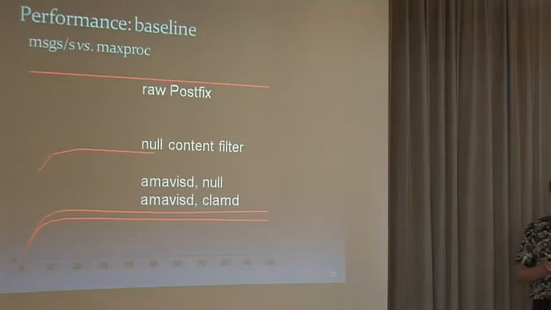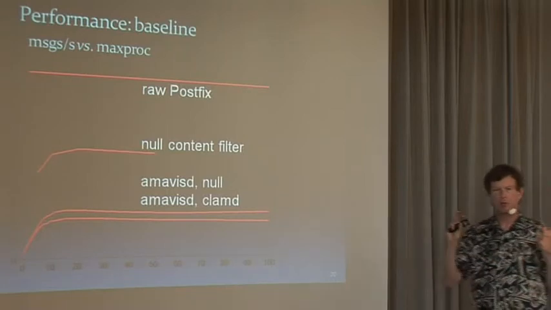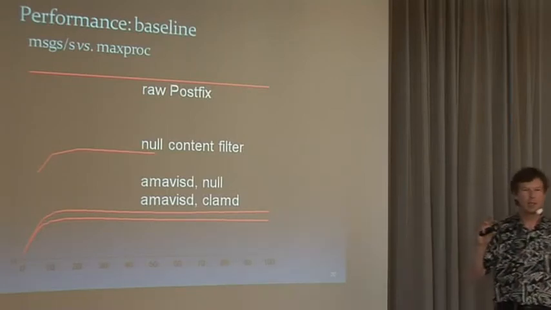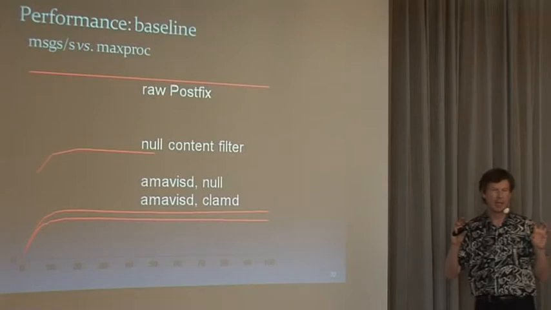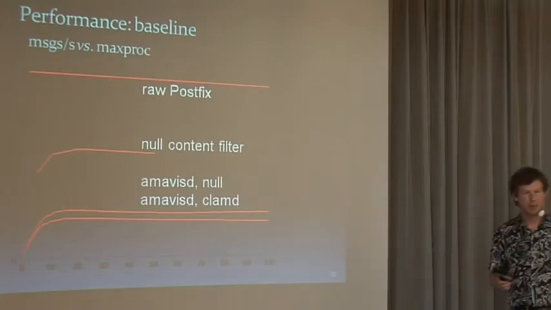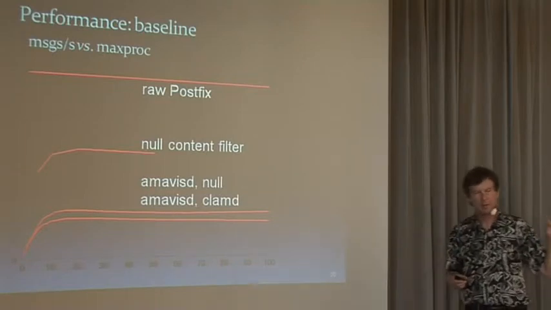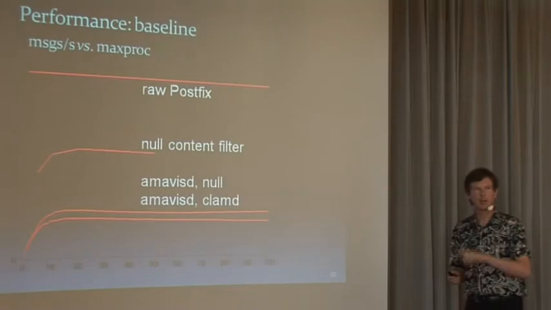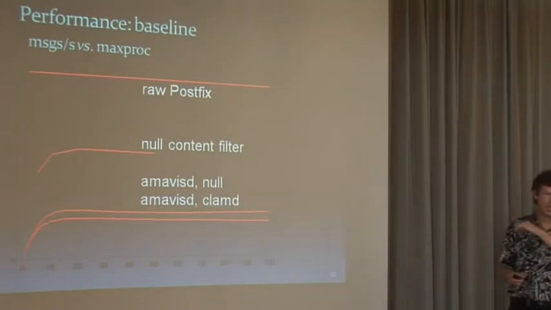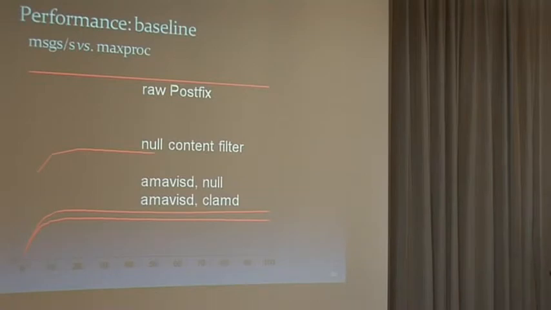Now, the usual setup for Amavisd is to run it sandwiched between two parts of the mailer. Mail comes to the first part of the mailer, then goes to the content filter, goes back to the mailer, and goes out. So each mail hits the mailer twice.